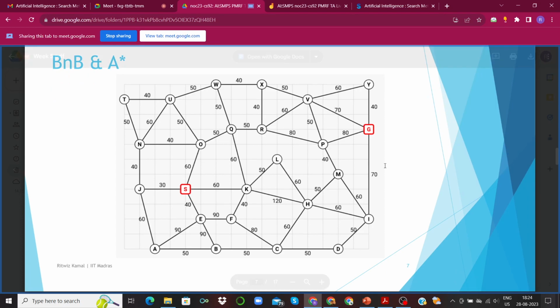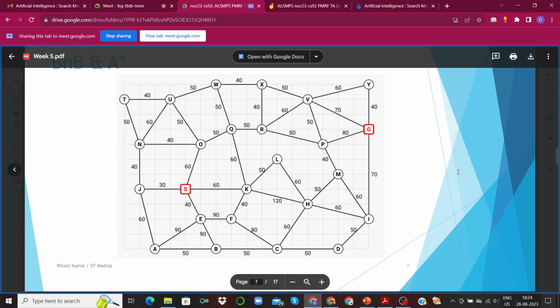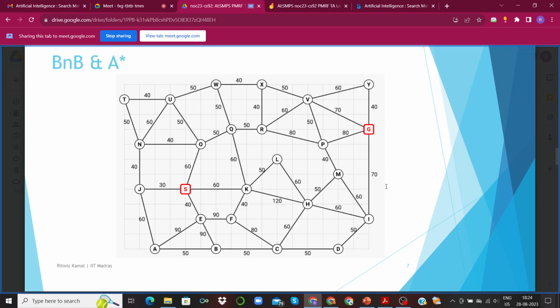So here is the big graph that we are going to deal with in the upcoming questions. Okay, so this is the same graph from, if you remember, the previous sessions, where we considered the Manhattan distance. We calculated the Manhattan distance of various of these nodes.